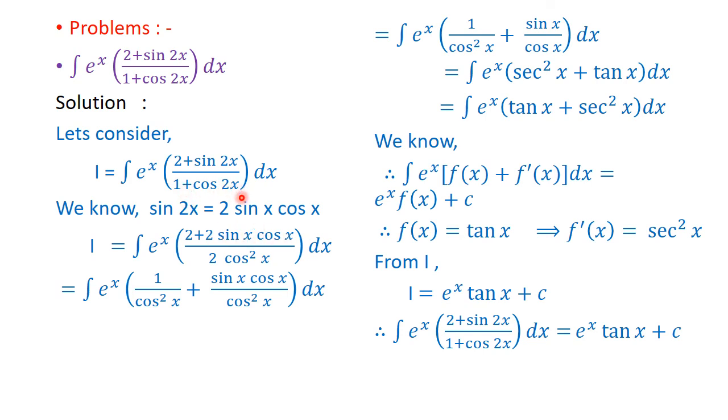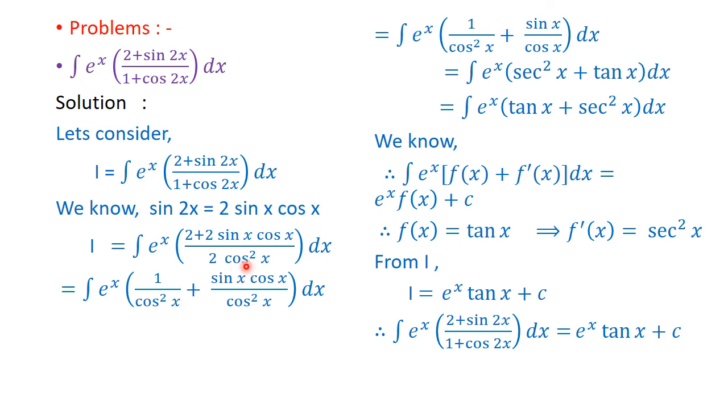And 1 plus cos 2x is equal to 2 cos square x. Now taking 2 common in the numerator and dividing by the 2 in the denominator, it gets cancelled. The remaining terms are (1 plus sin x cos x) upon cos square x.